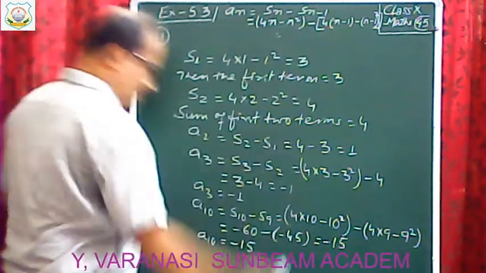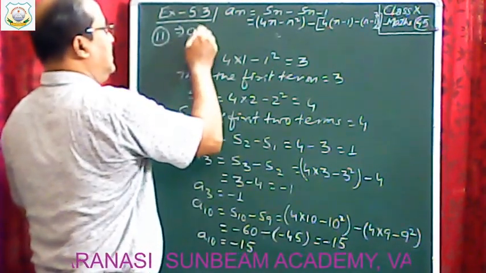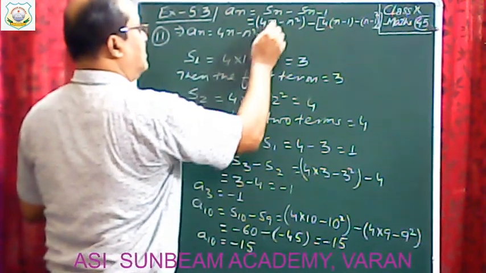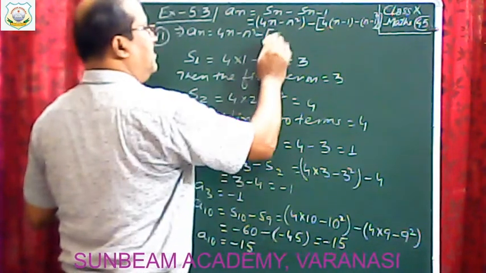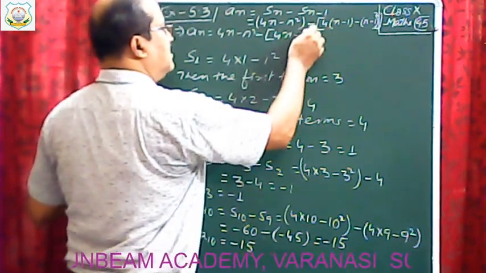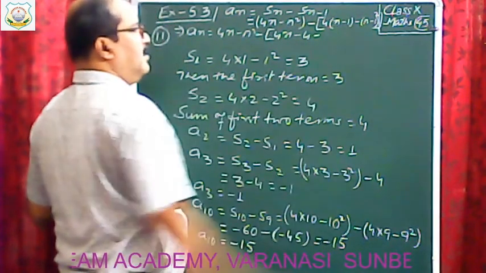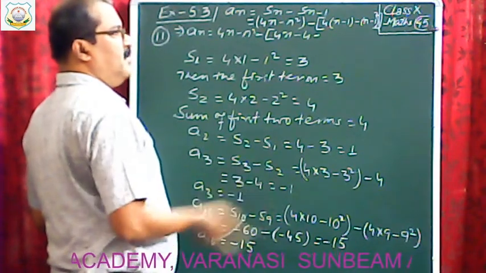Now simplification implies that an equal to 4n minus n square, as it is within brackets, 4n minus 1, open the bracket, 4n minus 4. A minus b whole square, here n minus 1 whole square, is a square plus b square minus 2ab.